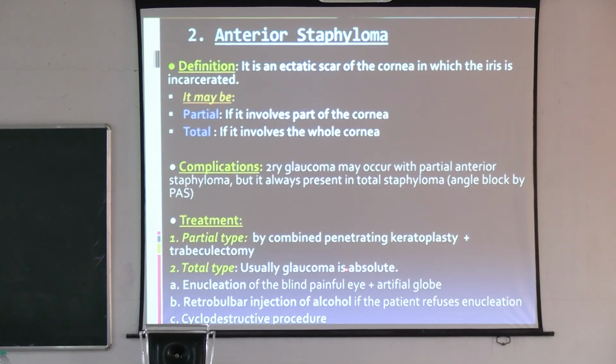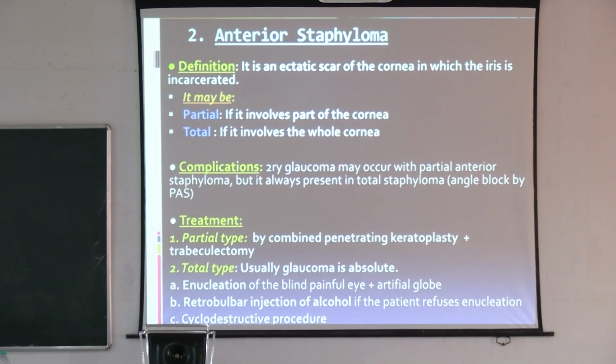There is no vision, pain is very severe, and the cornea is also opaque. So in this condition treatment is given for relief of pain. If the patient has a severe painful blind eye, enucleation is done and an artificial eye, a prosthesis, is implanted.